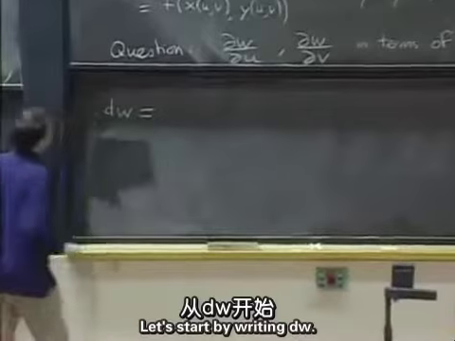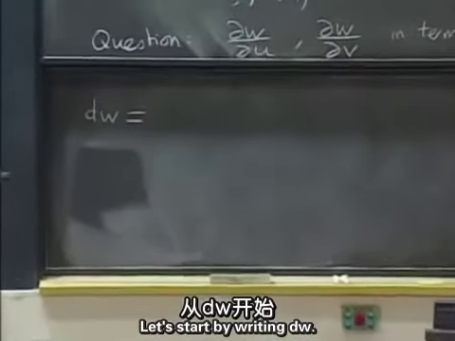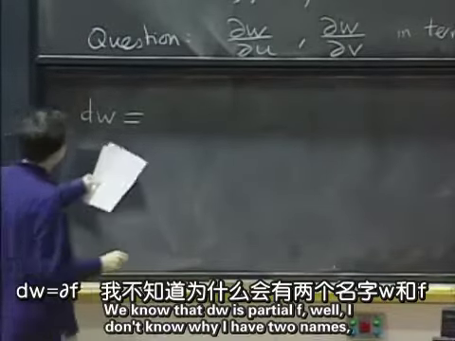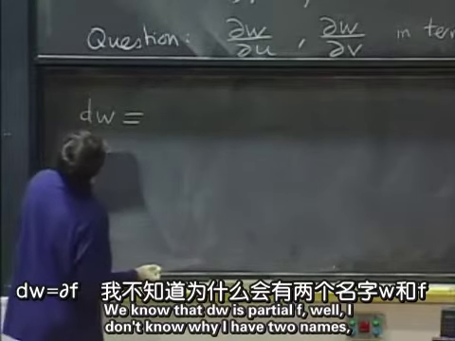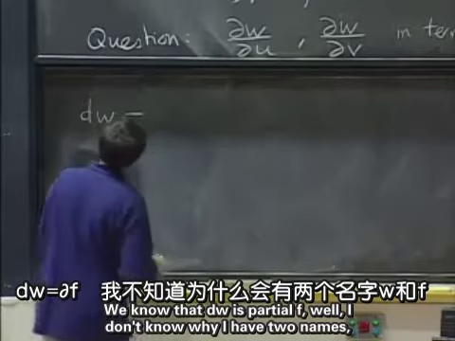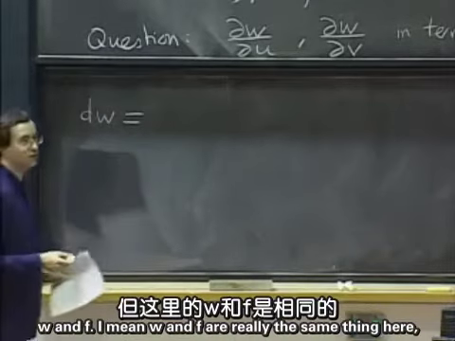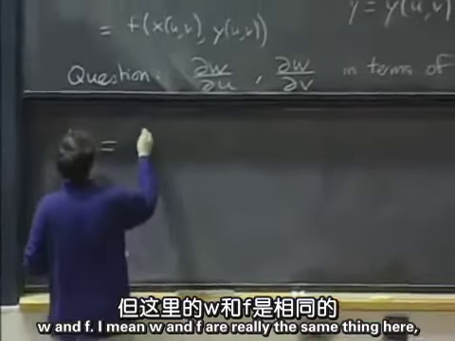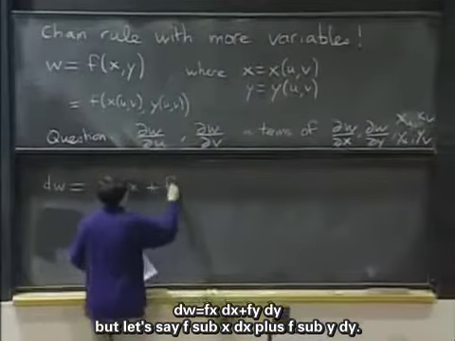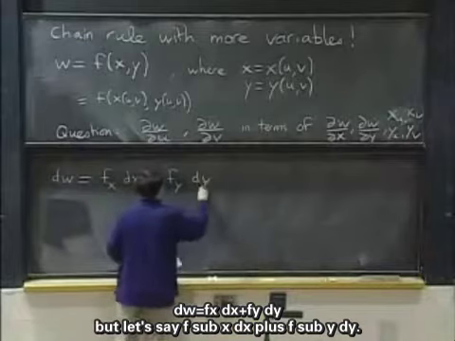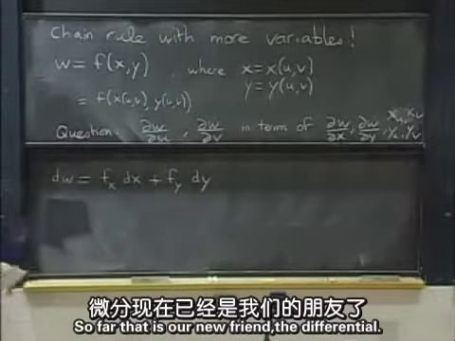So let's start by writing dw. So we know that dw is f sub x dx plus f sub y dy. I don't know why I have two names, w and f. I mean, w and f are really the same thing here. Okay, so far that's our new friend, the differential.